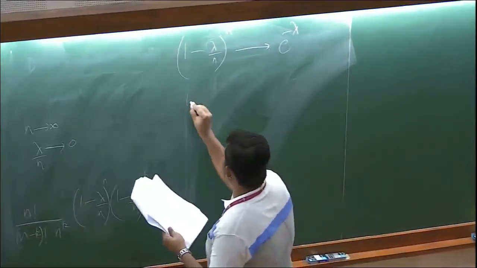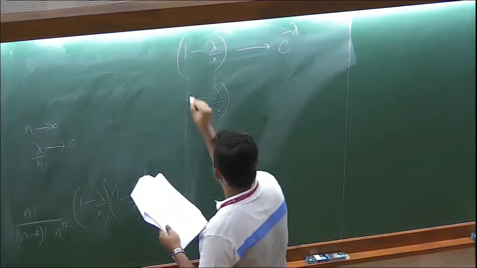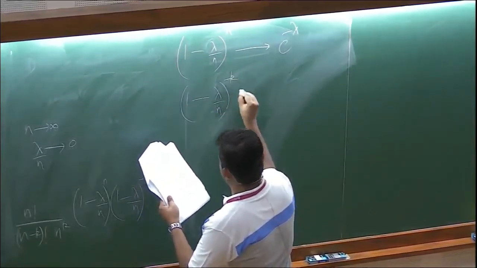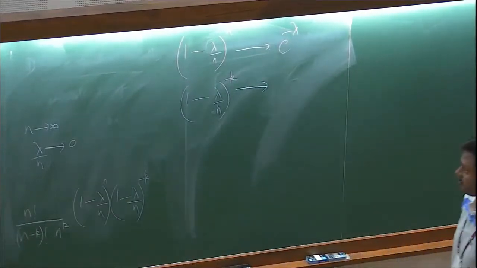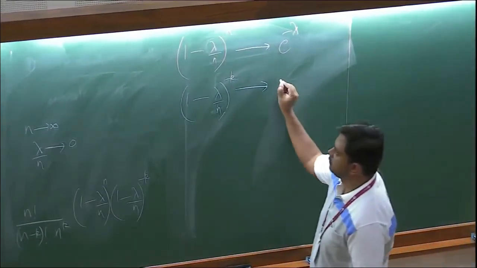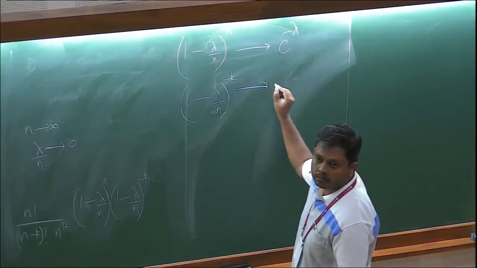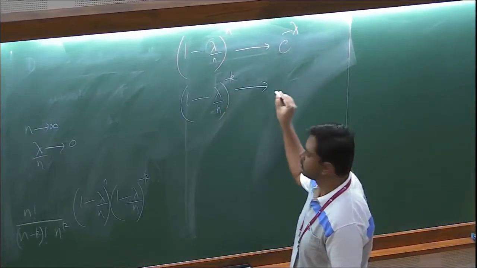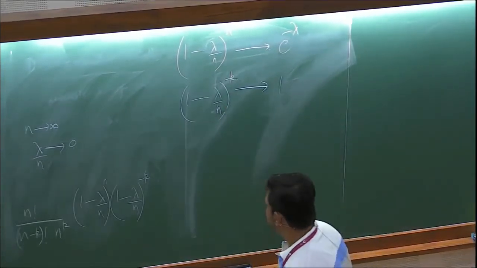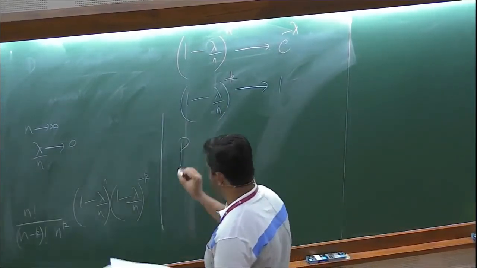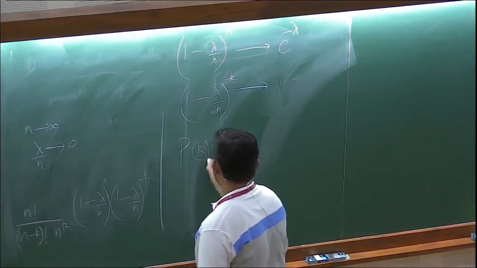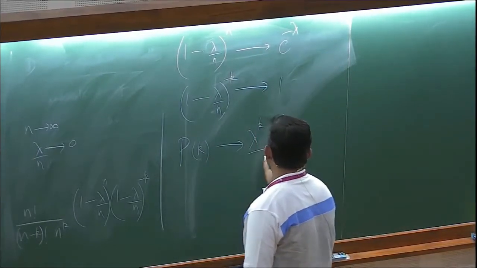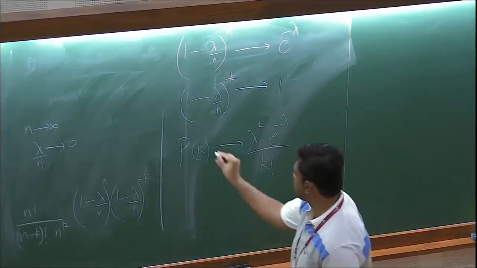And what about the other one, 1 minus lambda by n to the power of minus k? As n tends to infinity, lambda by n goes to 0, so it's just 1. So what happens to the final probability distribution? P of k will therefore go to lambda to the power k e to the minus lambda by k factorial. So this is the Poisson distribution.